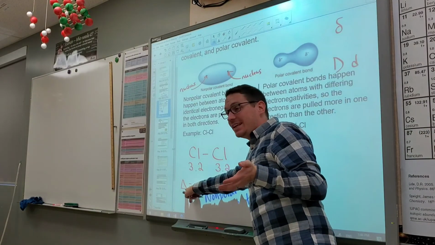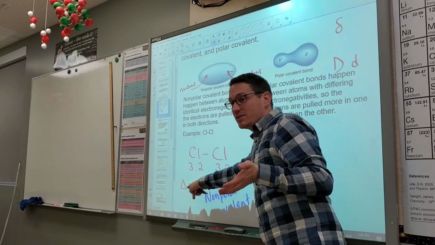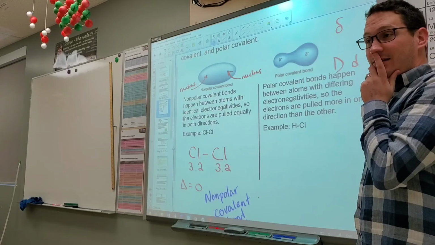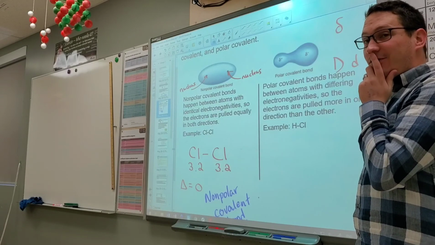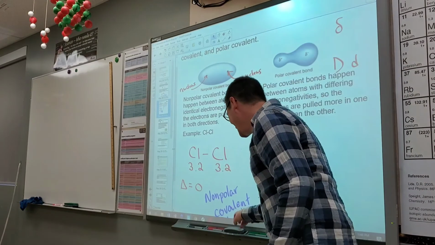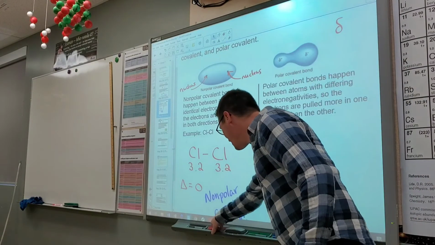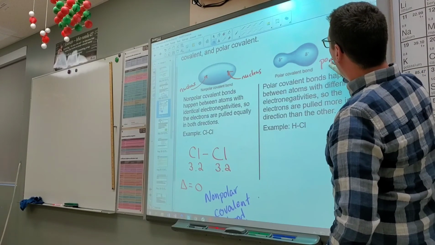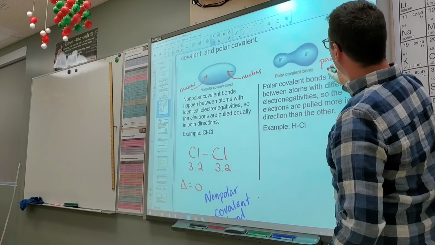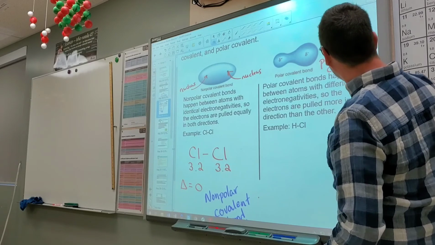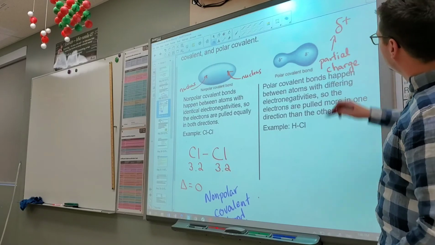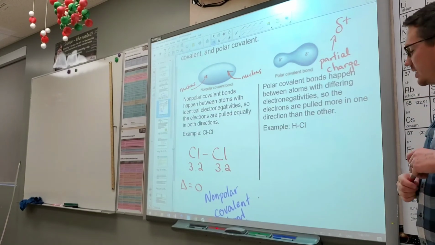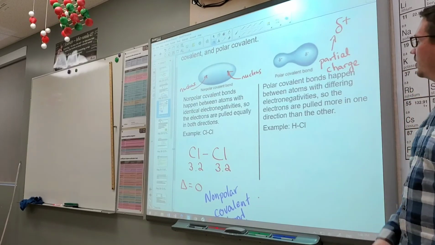That's a capital D in the Greek alphabet. That's a lowercase d. Is that kind of okay? Okay. Anyways, so this represents a partial charge. So delta positive or delta negative. It's the same letter, it's just a capital and a lowercase.